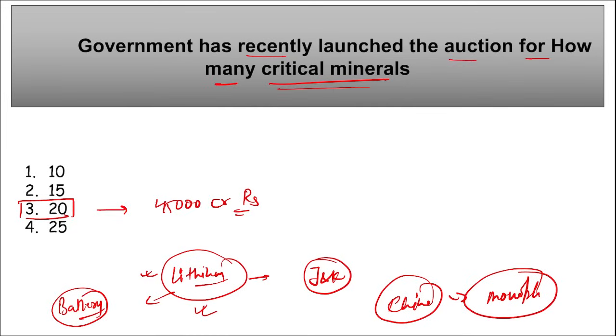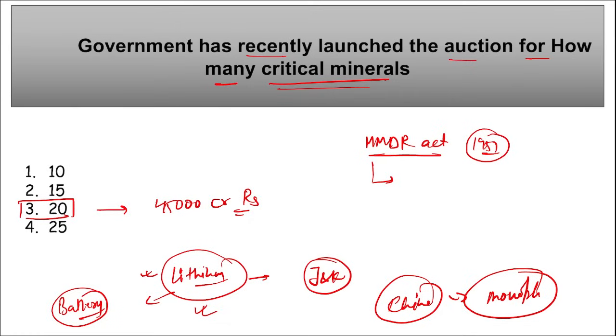Then apart from this, remember, we are talking about this auction here. These minerals will be auctioned, and the person who bids the maximum amount for these minerals will get the license for them. Then there is the MMDR Act. What is this MMDR? This is the Mines and Minerals Act of 1957.